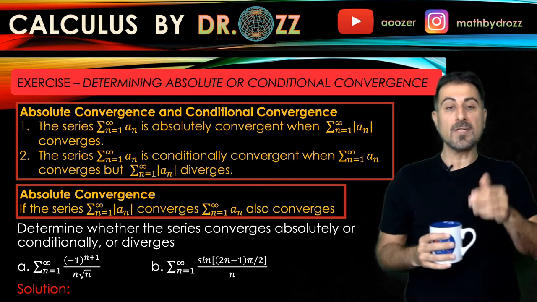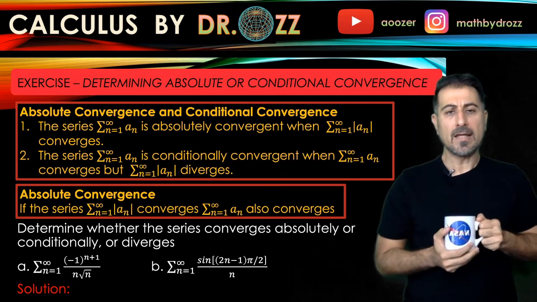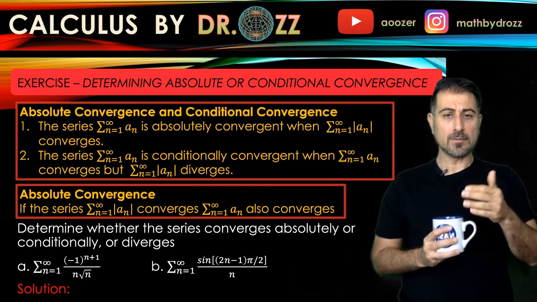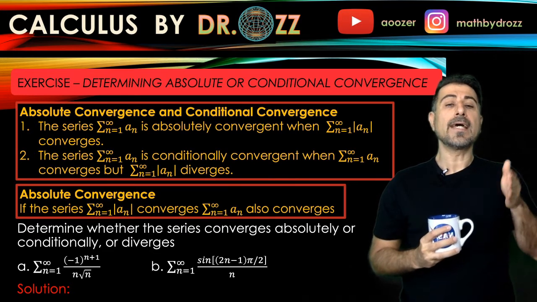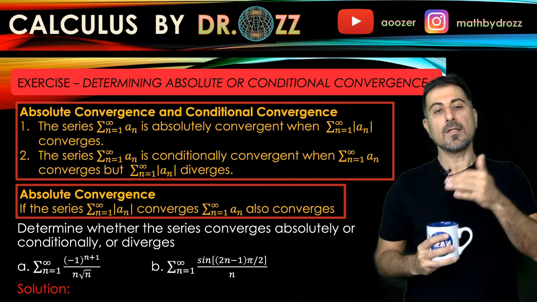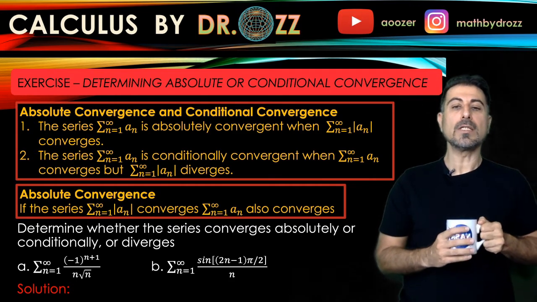As you see from the definition, the absolute value of an in the infinite series form may be divergent. So that takes you all the way back to conditional convergence. But if the absolute value of an in the series form is convergent, then you go back and call the original series absolutely convergent.